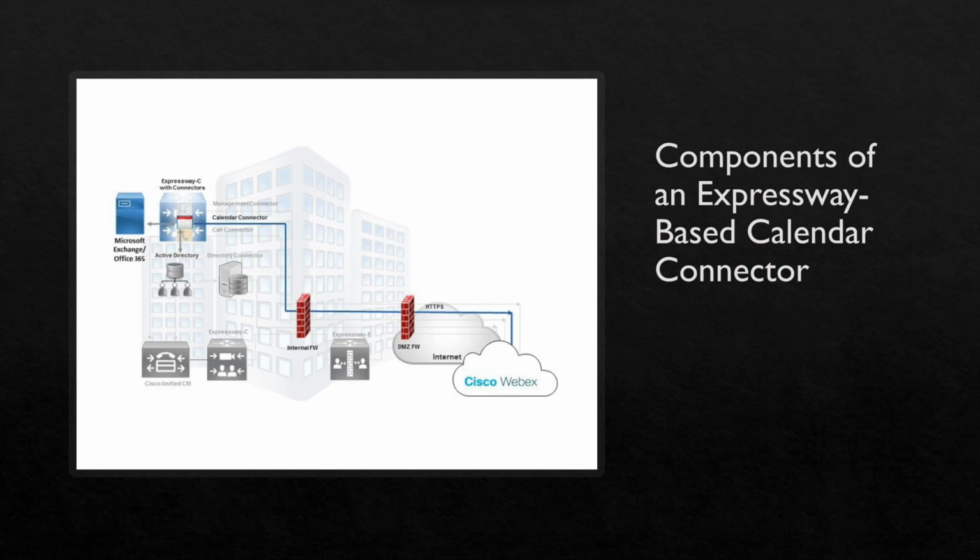Used to be you had to use the connector also if it was just Office 365, but that's no longer true. Now you can do an Office 365 integration without using the connector on the Expressway-C. There's a connector you can actually install directly in the Office 365 cloud.